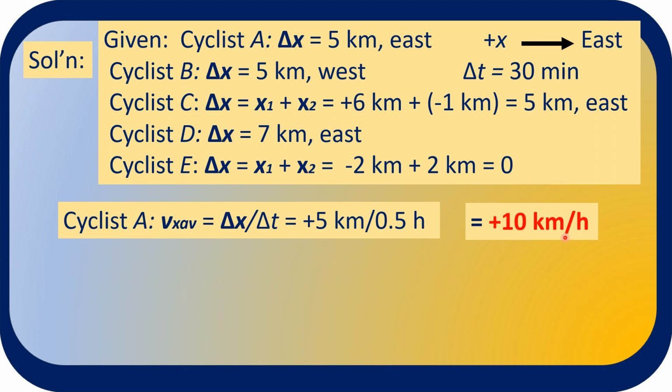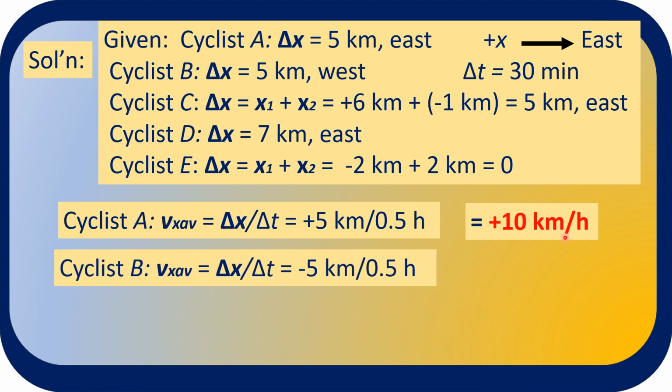Now, moving on to cyclist B, using the same formula, the displacement of cyclist B is equal to negative 5 kilometers, and that is divided by the delta t of 0.5 hour. So cyclist B's average x velocity is equal to negative 10 kilometers per hour.